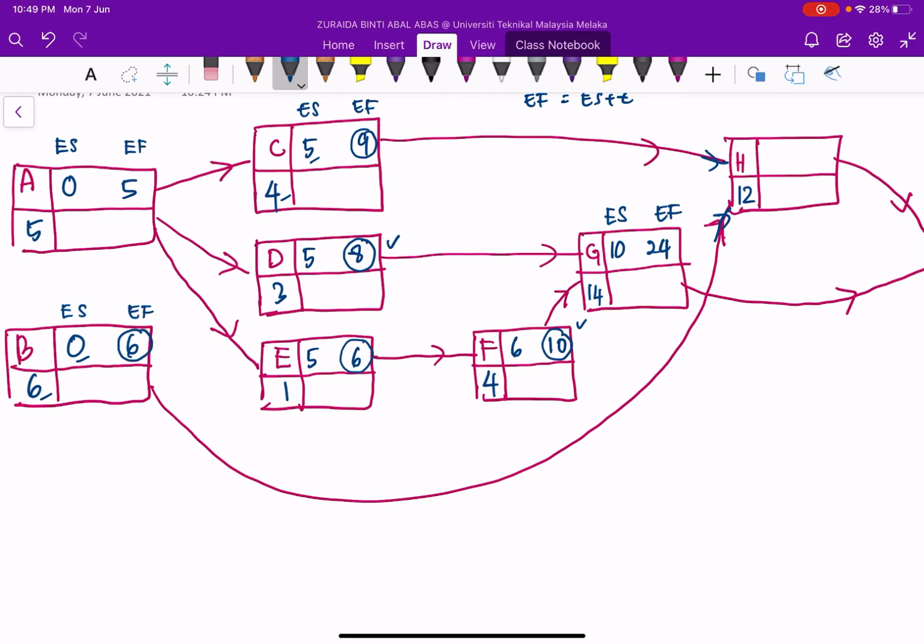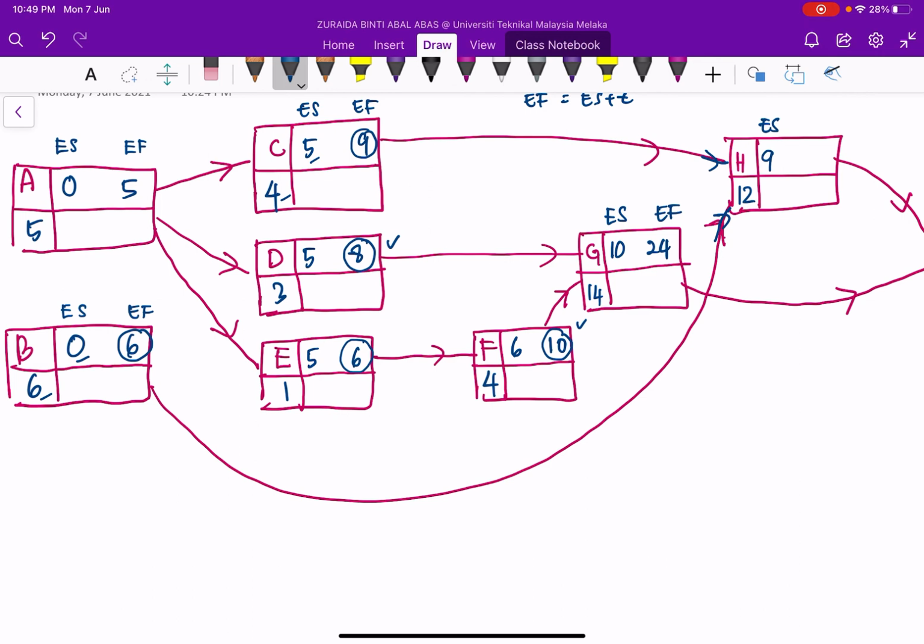So choose the highest number to fill in as the earliest start time. Of 9 and 6, 9 is the highest, so we choose 9. It means that H will only be ready to start at 9.